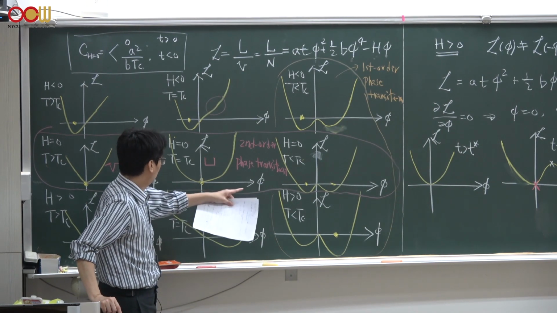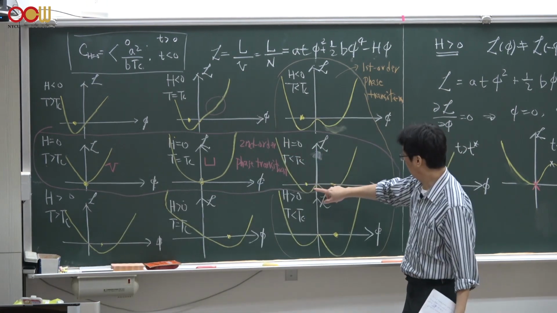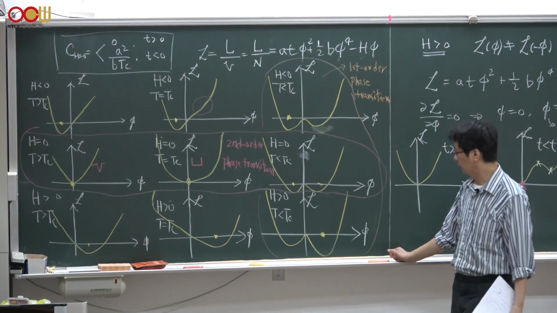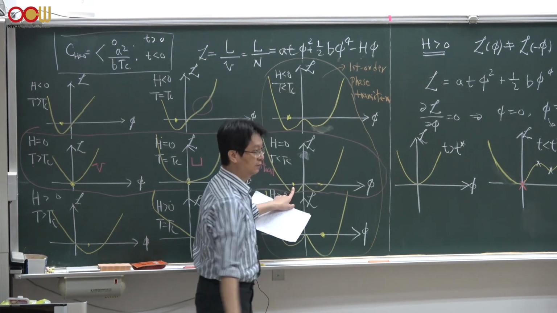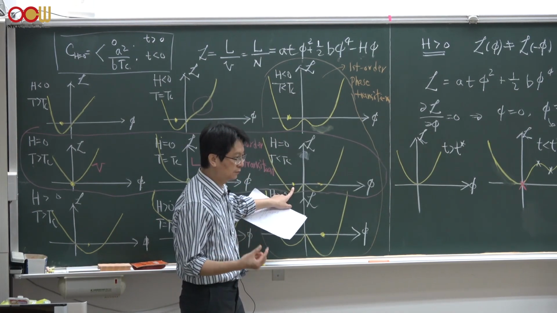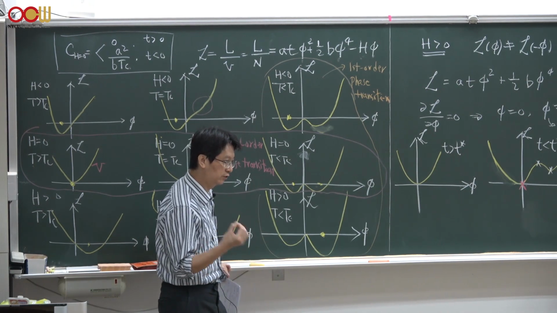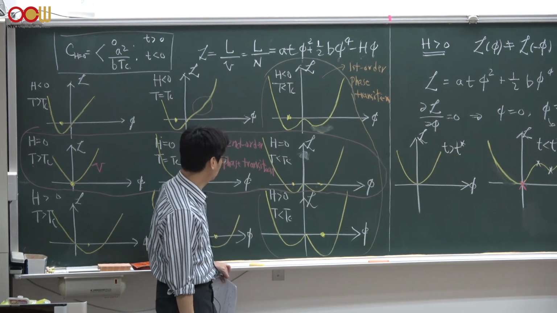And when T is below Tc continuously, you have a double minima L develop near phi equals 0, and the value of this mean field order parameter phi becomes finite, and it evolves from 0 continuously to a finite value.